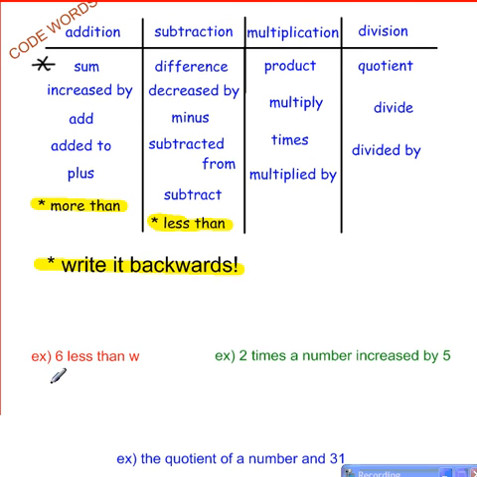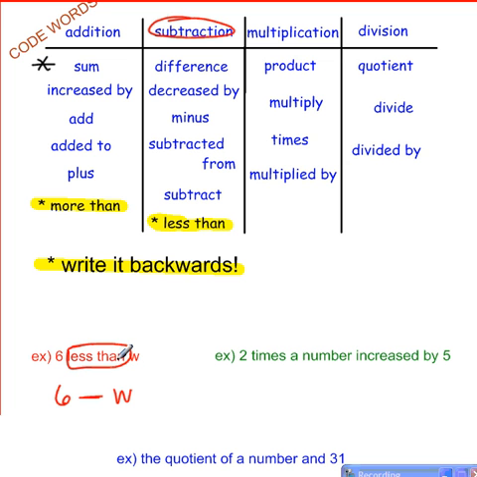With this example, it says 6 less than W. Now, less than is a code word for subtraction here, so we know that we're going to use a subtraction sign. Now, you cannot go in order like this, 6 minus W. That's not what this is saying. It is saying that 6 is less than whatever this number is for W, or whatever this variable represents.